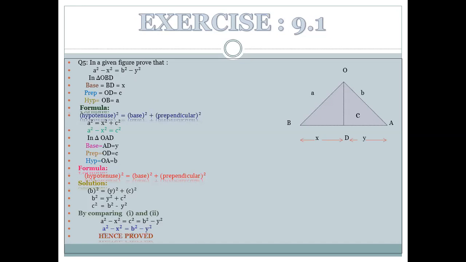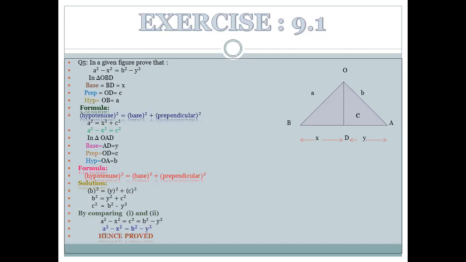And you see that in ODA, again perpendicular is C, hypotenuse is B, and the base is Y. Apply here the Pythagoras theorem. Hypotenuse square is equal to base square plus perpendicular square. Hypotenuse is b square, base is y square, and perpendicular is c square.